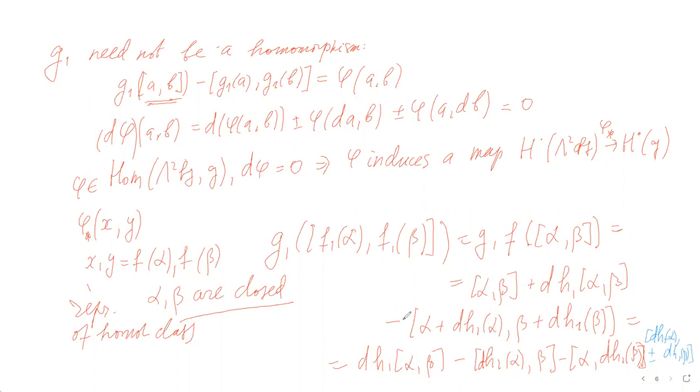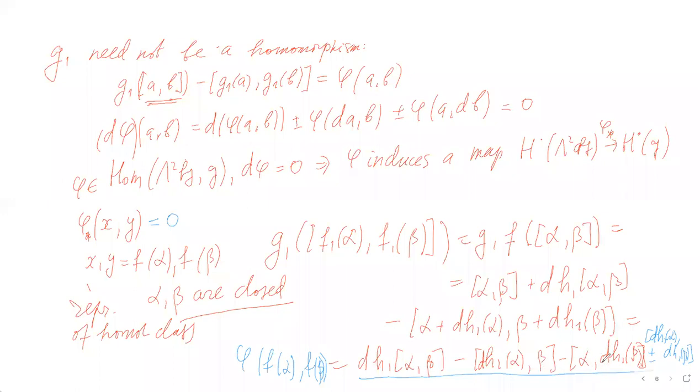So the first thing we see is that on the level of cohomology, this map phi star should vanish, because this difference phi star of F alpha, F of beta consists of exact elements. This element is clearly exact. This element is exact because D of beta is equal to 0.